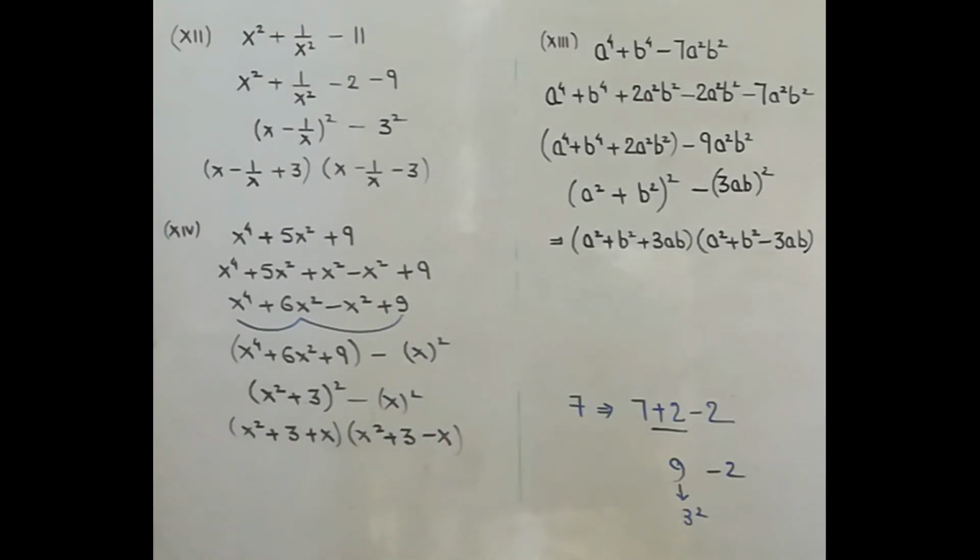This is your a square minus b square, so a plus b, a minus b. So it's not necessary that every time you have to break the last term. You can break any of the terms, but this you can get in perfection by doing more and more practice of it.